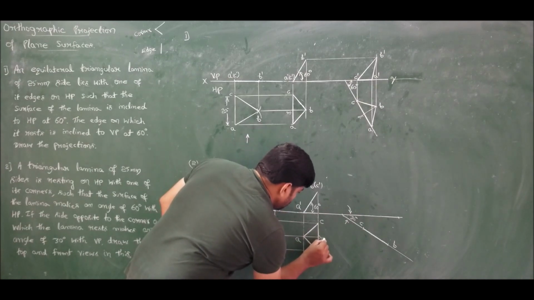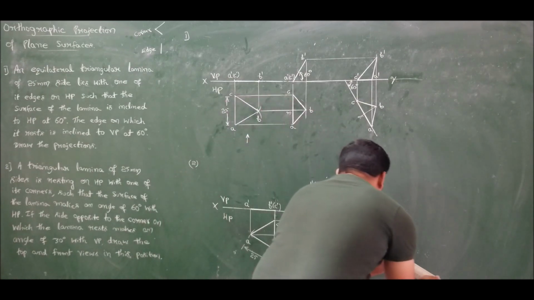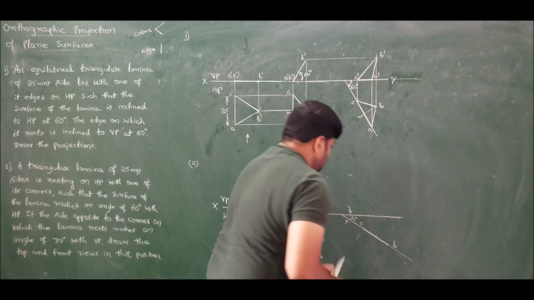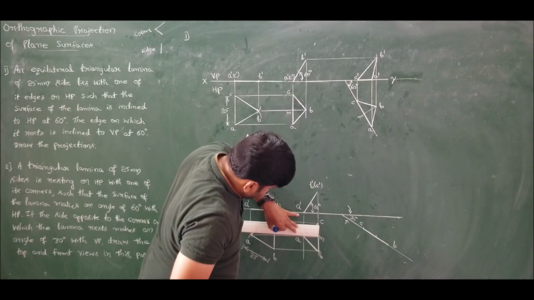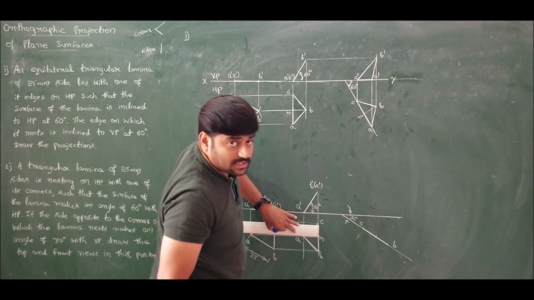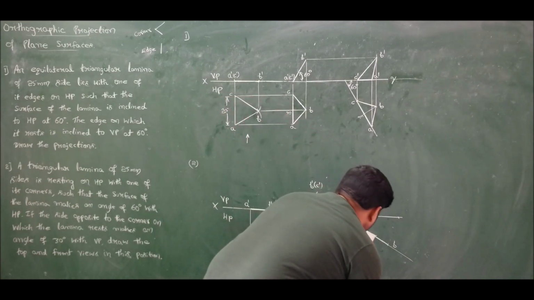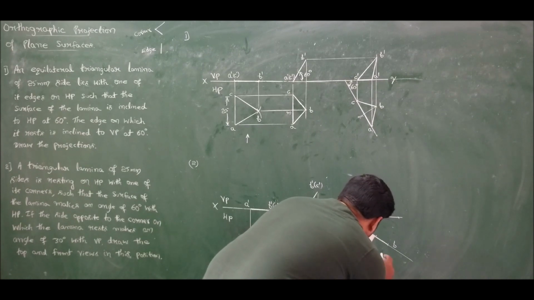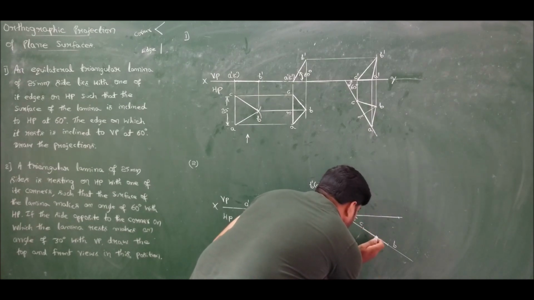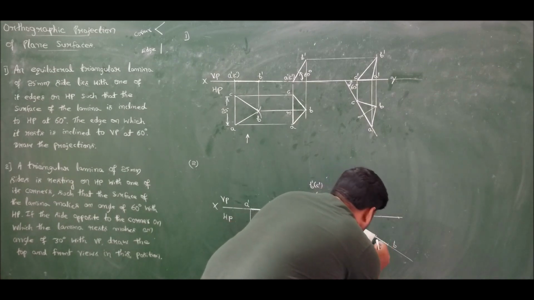Call this as M. So M is the bisector of BC, which is at 12.5. So if I measure A to M, it is measuring 12 millimeters. So draw 12 mm perpendicular to this line. Drawn and call it as M. Draw a very thin line, because this is for our construction we are using.